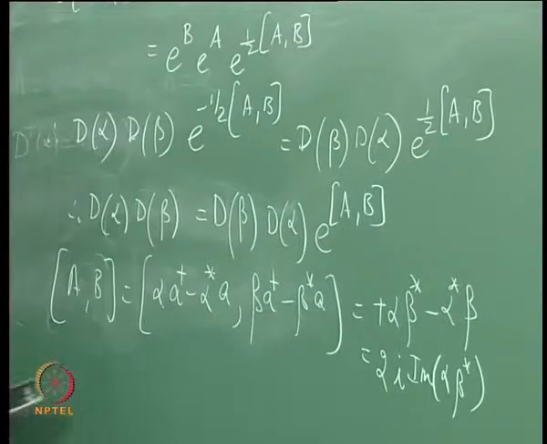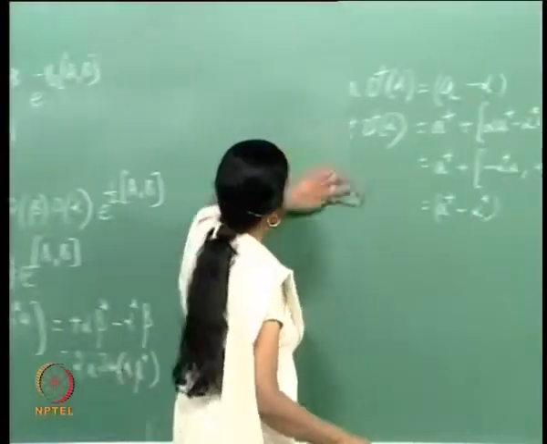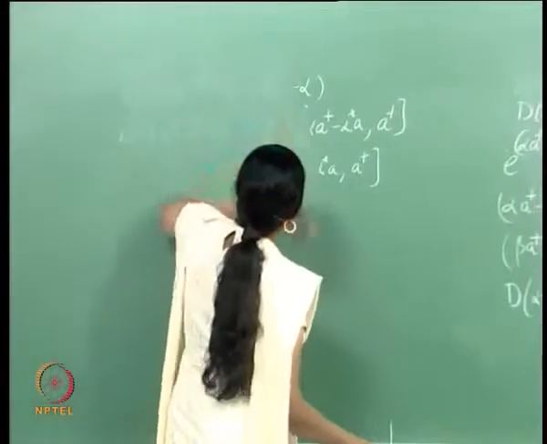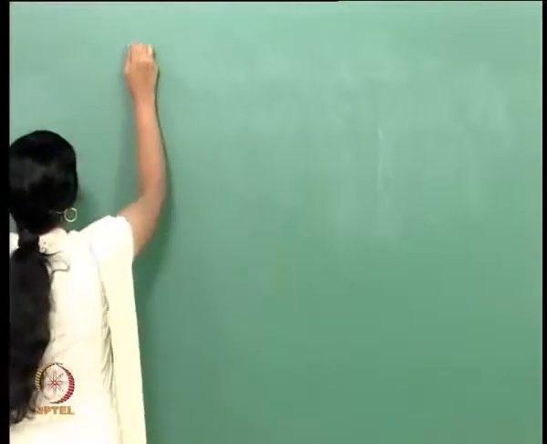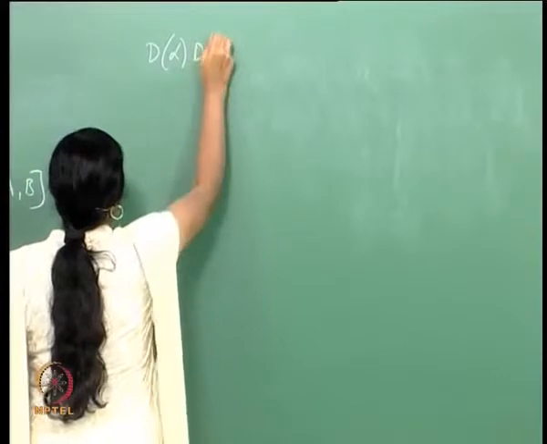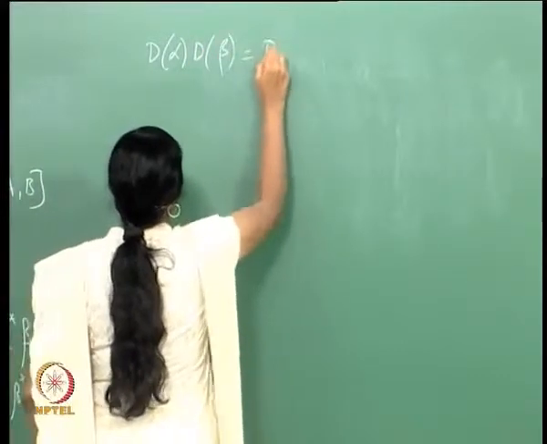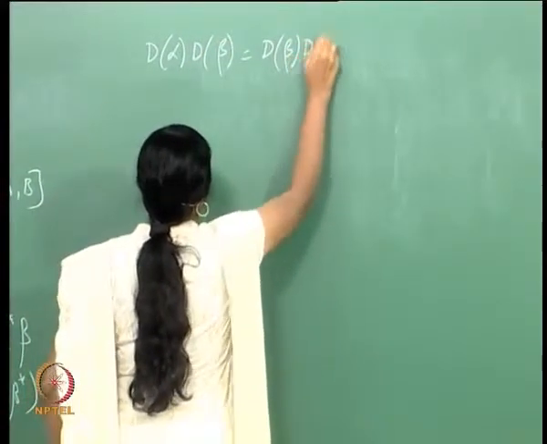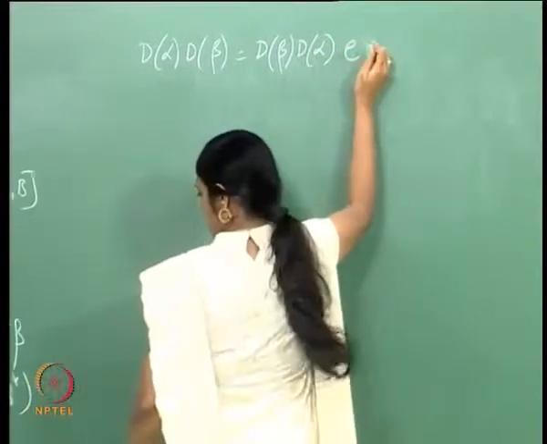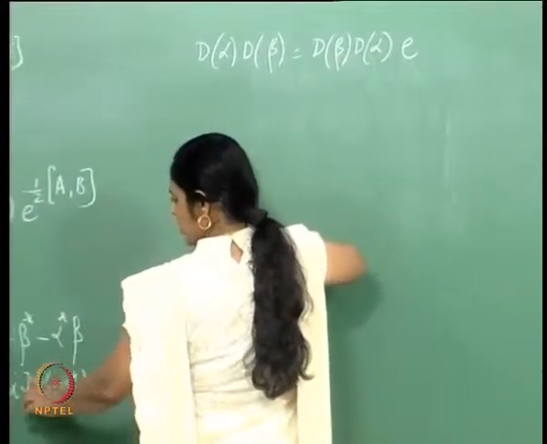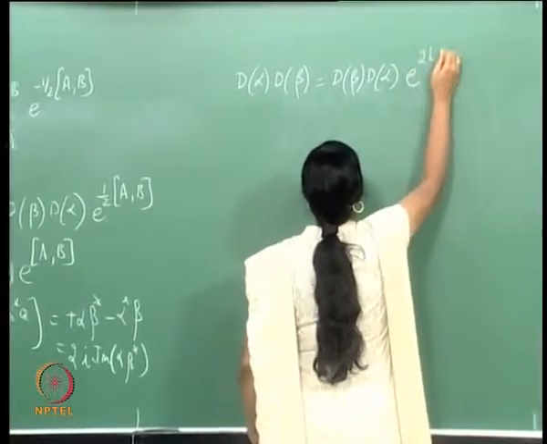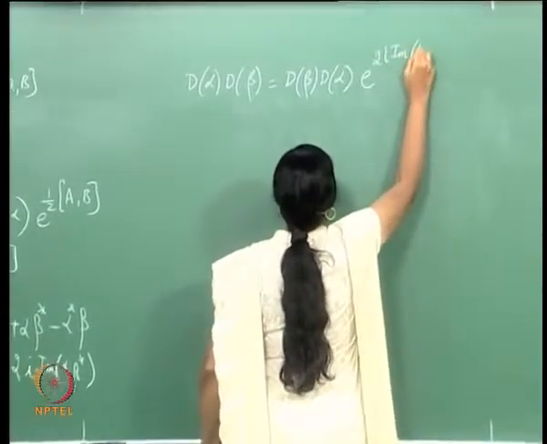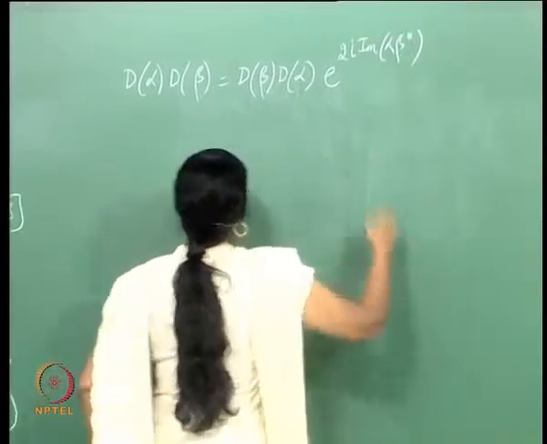I therefore have an interesting relation: D of alpha D of beta is equal to D of beta D of alpha, and then there is an extra piece which is e to the 2i imaginary part of alpha beta star.